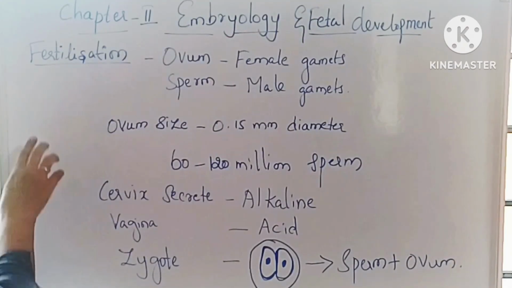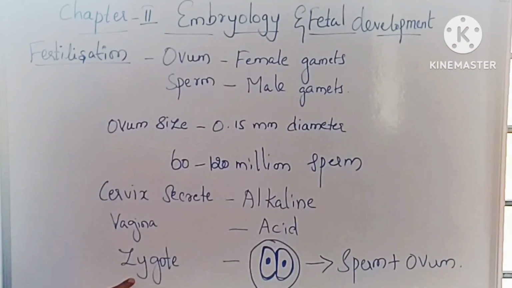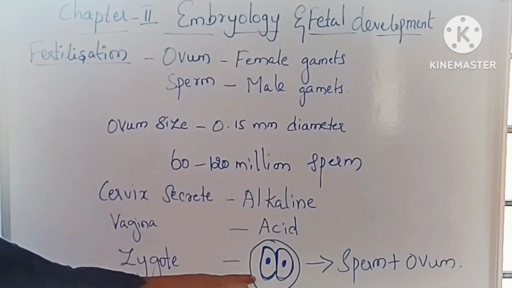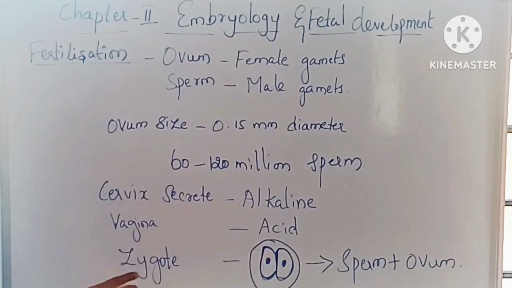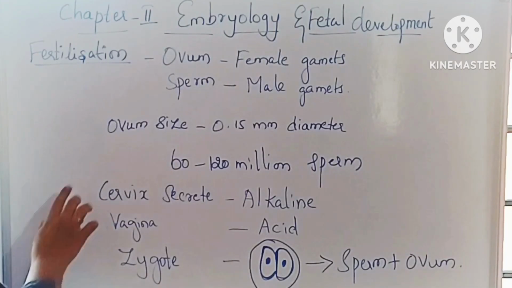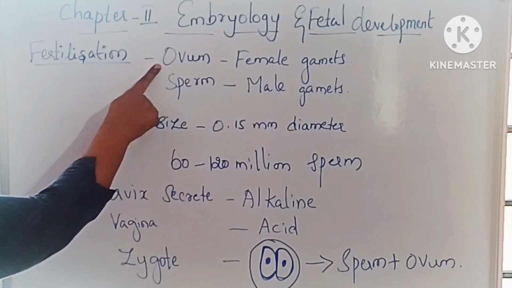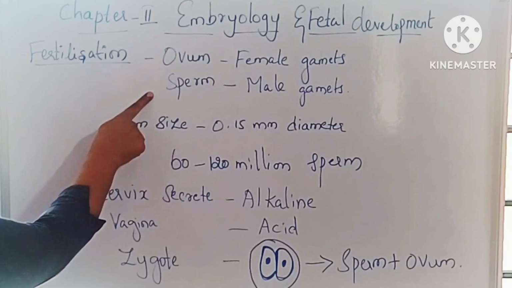It forms a zygote. It's a diploid cell, formed from sperm and ovum. Ovum is the female gamete, sperm is the male gamete.